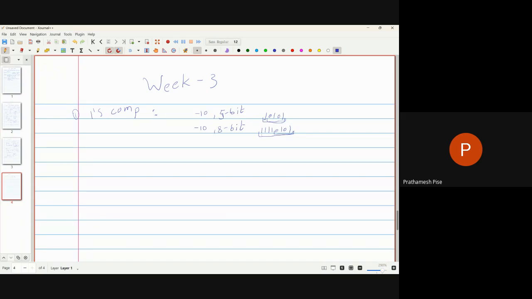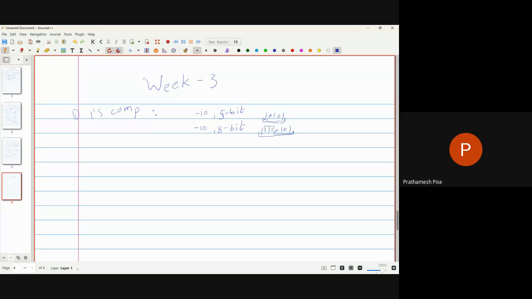Here is the MSB that won't change, because this is how it works. What did we do? We just added the number of ones that was required in between the ones complement and the MSB.